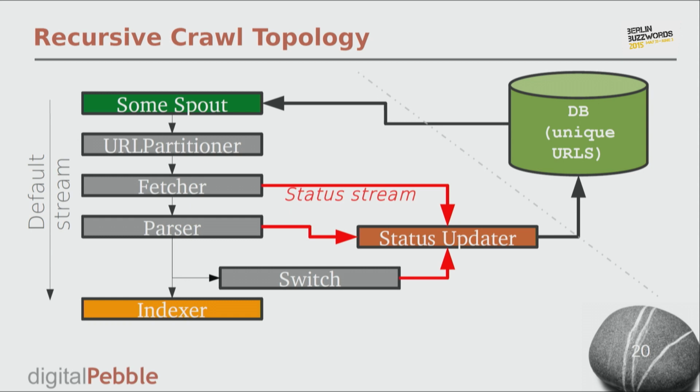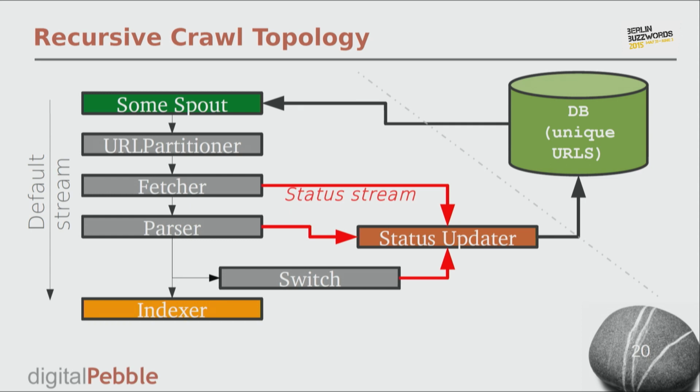One thing Stormcrawler does for handling cases like this is use streams, which I mentioned before. In Storm there's a default stream, but you can have as many different streams as you want and give them a name. The strategy we use is to have one called status.